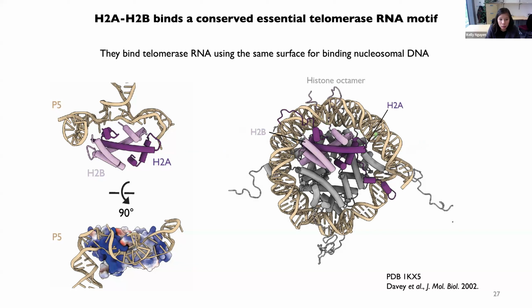Again, this is all unexpected, and we're still trying to nail down the actual roles in telomerase and whether they have any general role in RNA biology, given that the binding is quite simple. Hopefully, in the near future, we'll be able to tell you a little bit more about that.